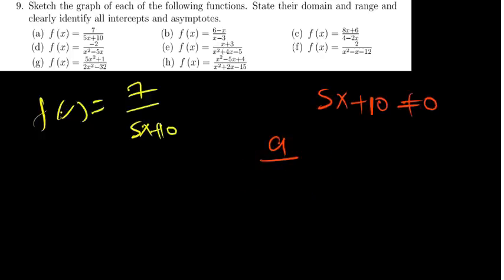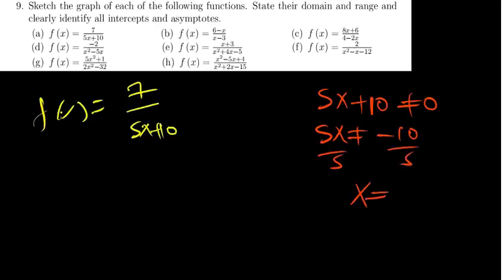Then solve for x. In this case, 5x is not equal to, I'll shift 10 to the other side, negative 10. I'll divide both sides by 5, so x should not be equal to negative 2.